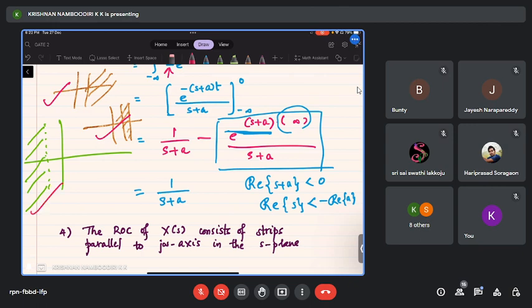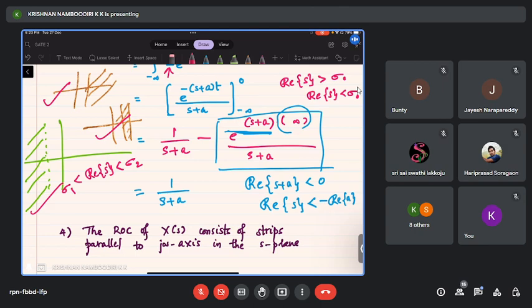That means the ROC is the real part of s greater than some sigma naught, or the real part of s less than some sigma naught, or the real part of s lying in between, say sigma 1 and sigma 2.